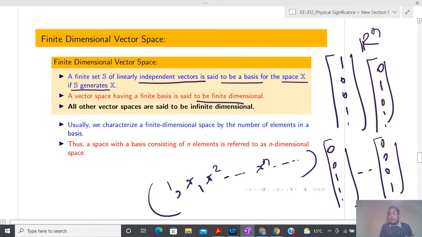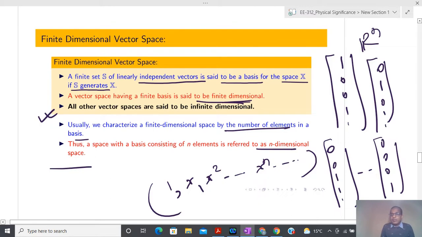Using a finite number of vectors, if I am able to represent the space, then that is called a finite dimensional space. All other vector spaces are said to be infinite dimensional. Usually we characterize a finite dimensional space by the number of elements in the basis. Thus, a space with a basis of n elements is referred to as an n dimensional space.